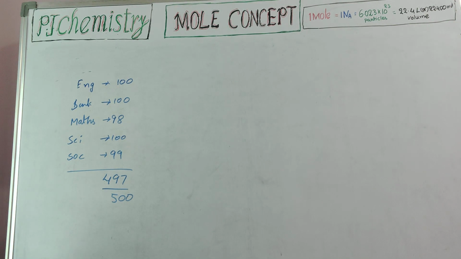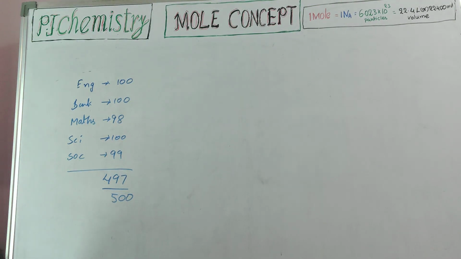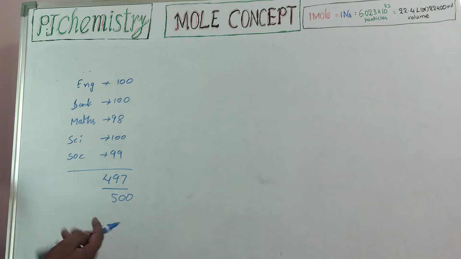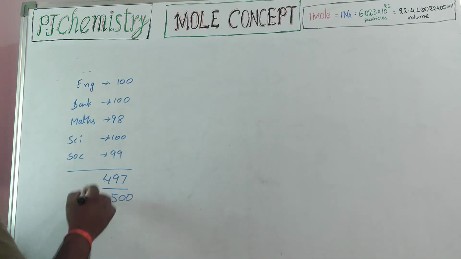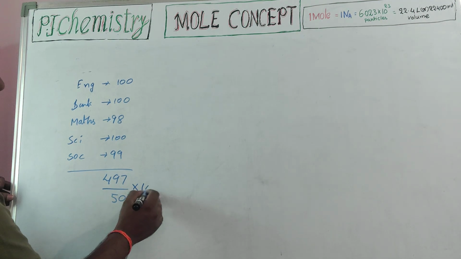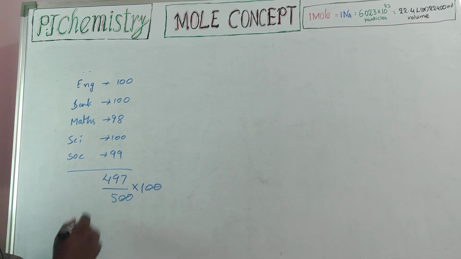Now, the overall percentage means just total all subjects' marks divided by 500 into 100 percentage. At the time zeros cancel.